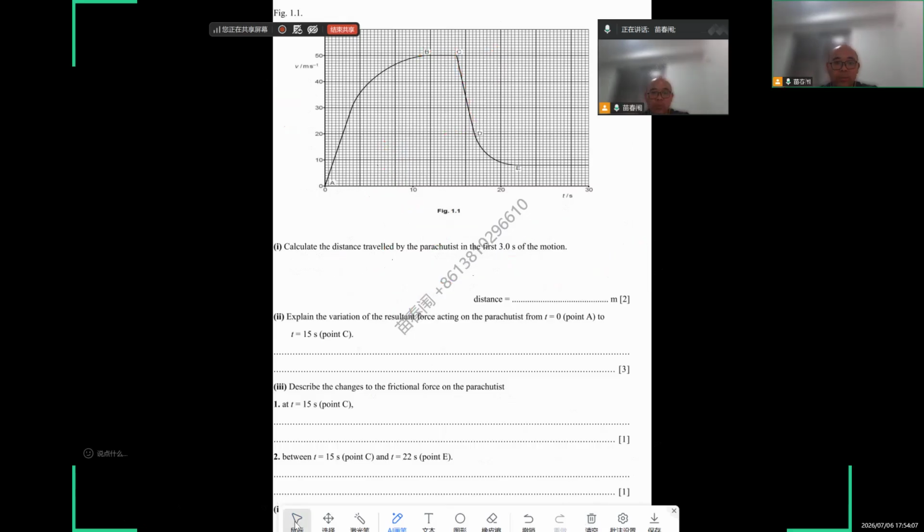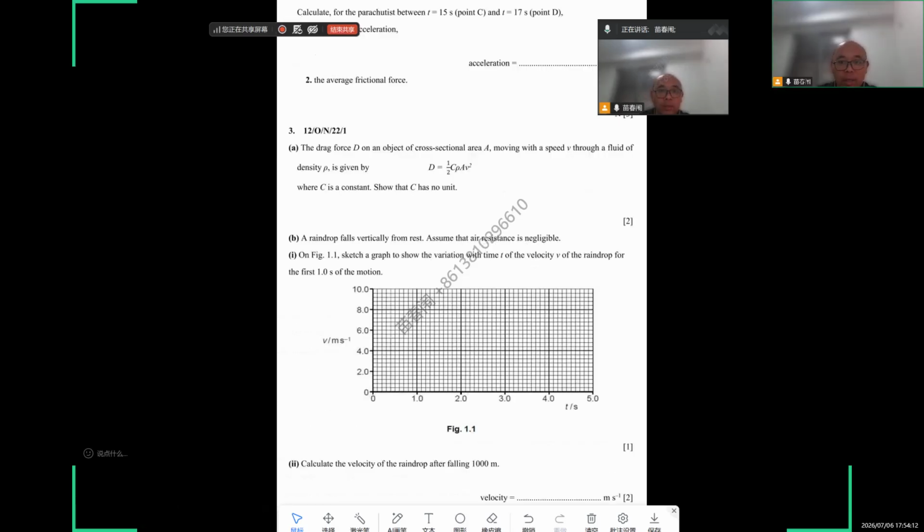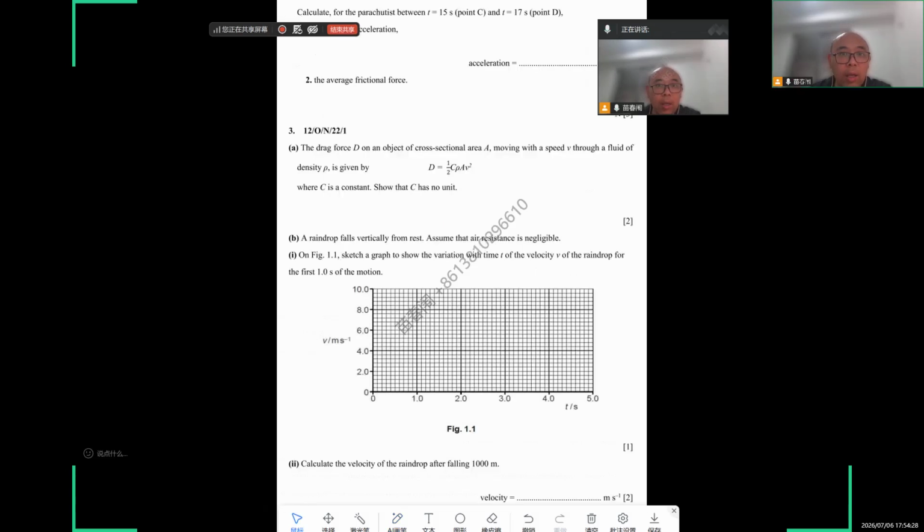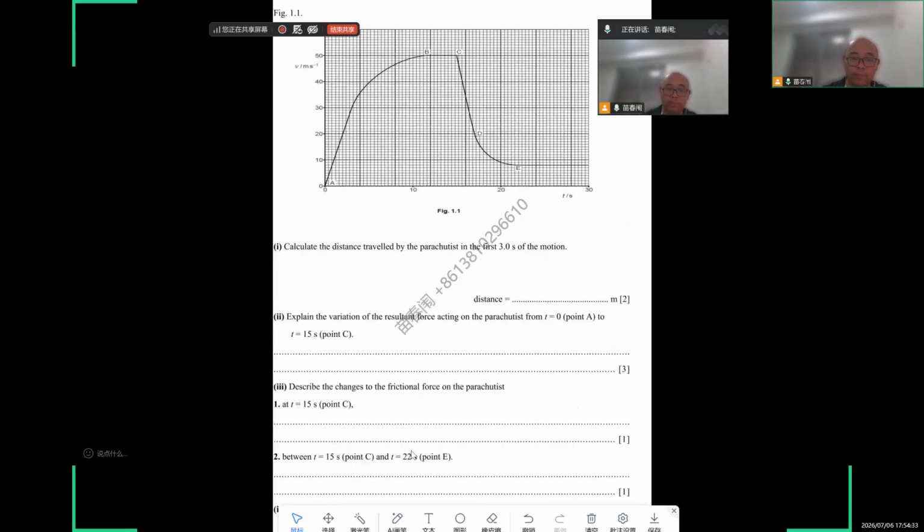And then the next one, the average frictional force. Here is something that I'm asked a lot. Before, we didn't talk about this kind of resultant force. Now let's talk about it. The average force between, oh, it's still between C and D. We just found a is negative 15, so it's natural that I use sigma F equals ma.